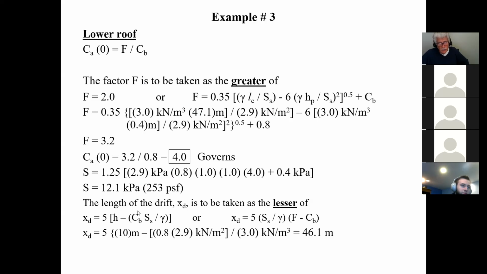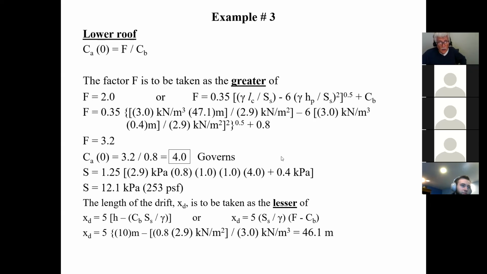And then of course, CB is the CB of the lower roof, again the same as the upper roof. SS doesn't change, this doesn't change. And therefore I end up getting 46.1 meters. I don't know if you guys can appreciate that, but that's one hell of a length, 46.1 meters.